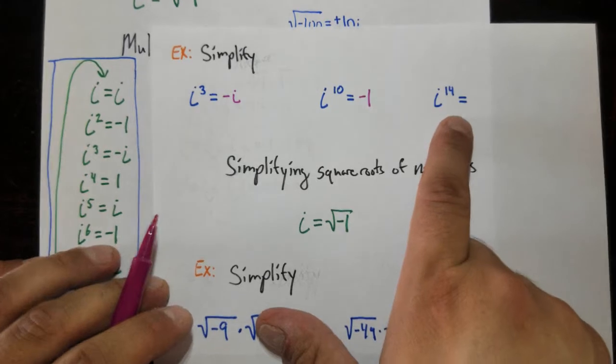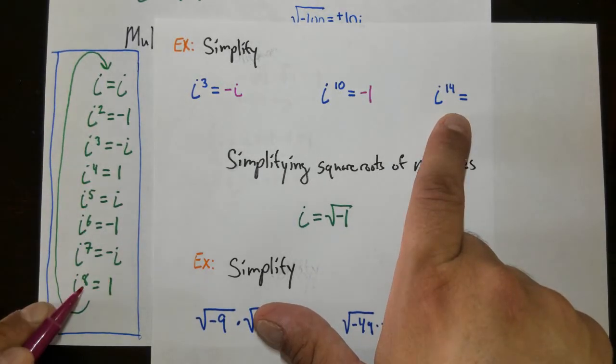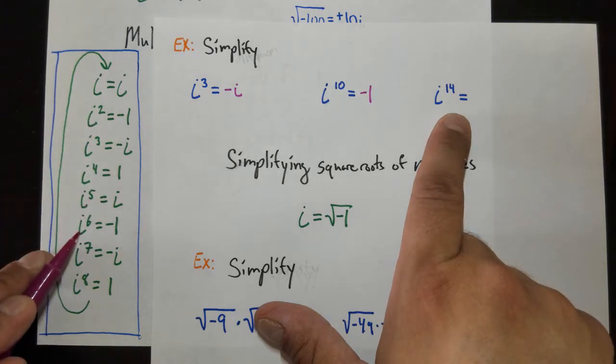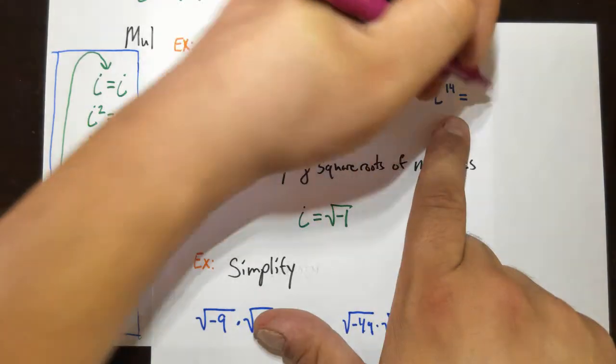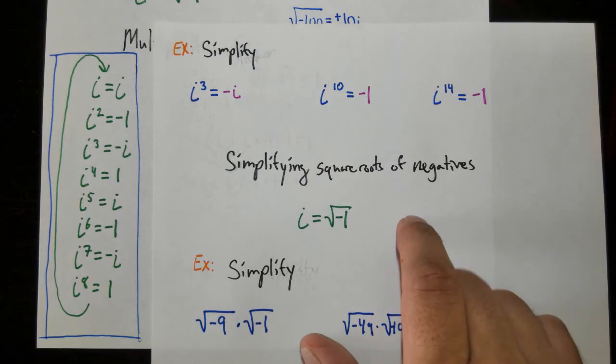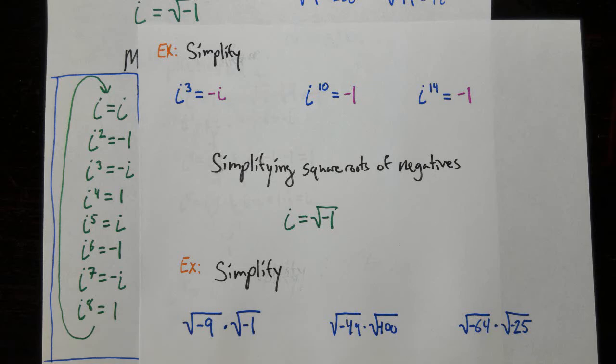And then i to the 14th, again, we just count. 1, 2, 3, 4, 5, 6, 7, 8, 9, 10, 11, 12, 13, 14. So i to the 14th is the same as i to the 6th, which is equal to -1. So that's how you do it. That's how we simplify powers of i. Just use this chart.